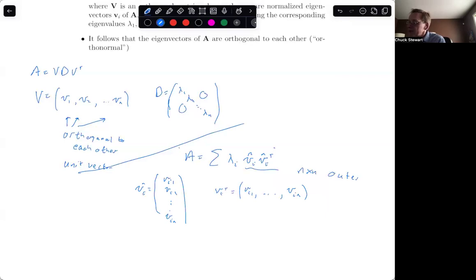Remember back to outer products earlier in the class. We form all these n by n matrices, and we multiply them by the eigenvalue and sum them up. We don't do this much in practice, but we do make use of this property as we go.